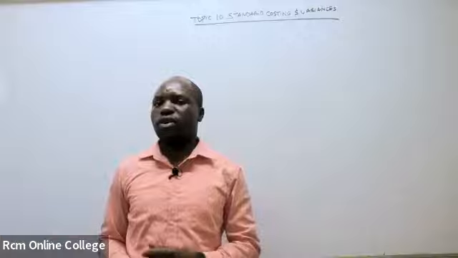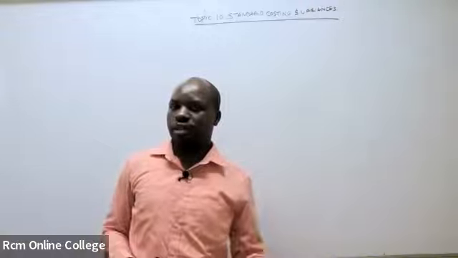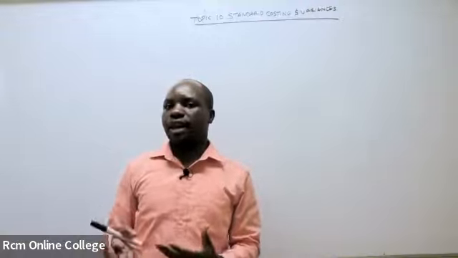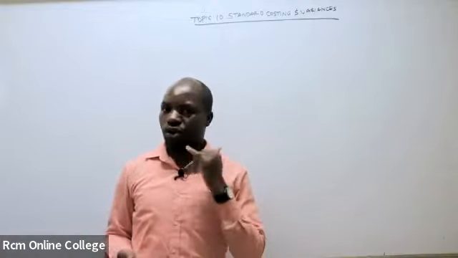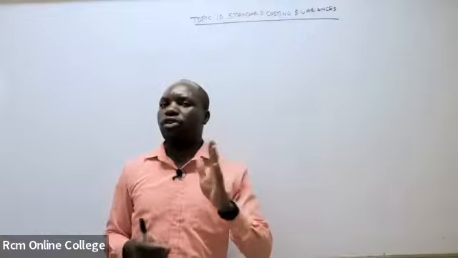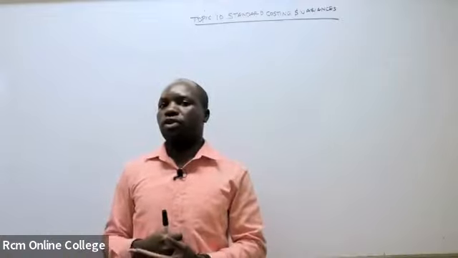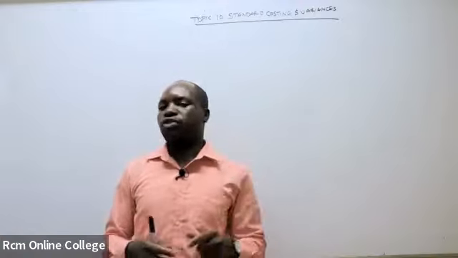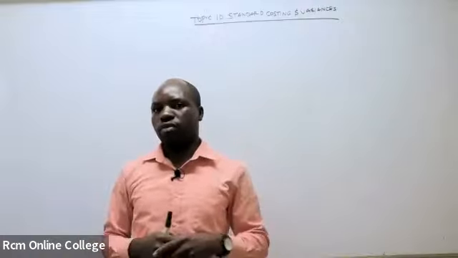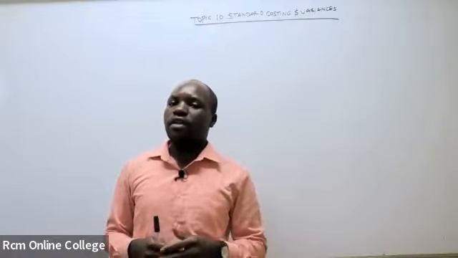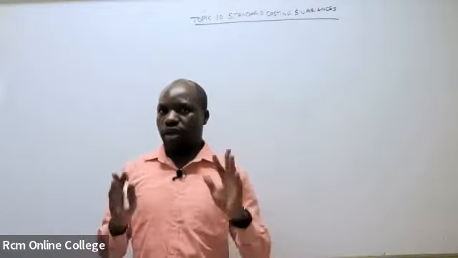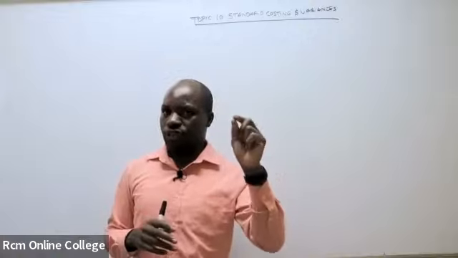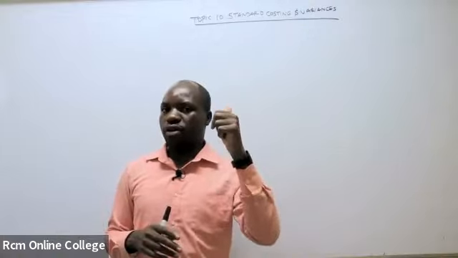Then the actual results are compared with the budget to check whether you've incurred the exact amount that was budgeted, less, or more than what you budgeted for. So for you to get the variance, the difference between actual results and budgeted results, the two must be there. That is budgeted results and actual results.